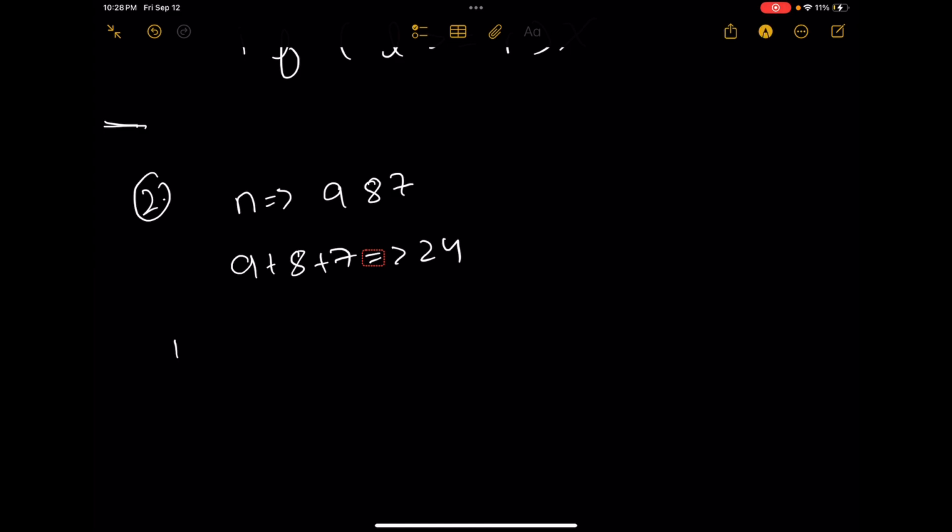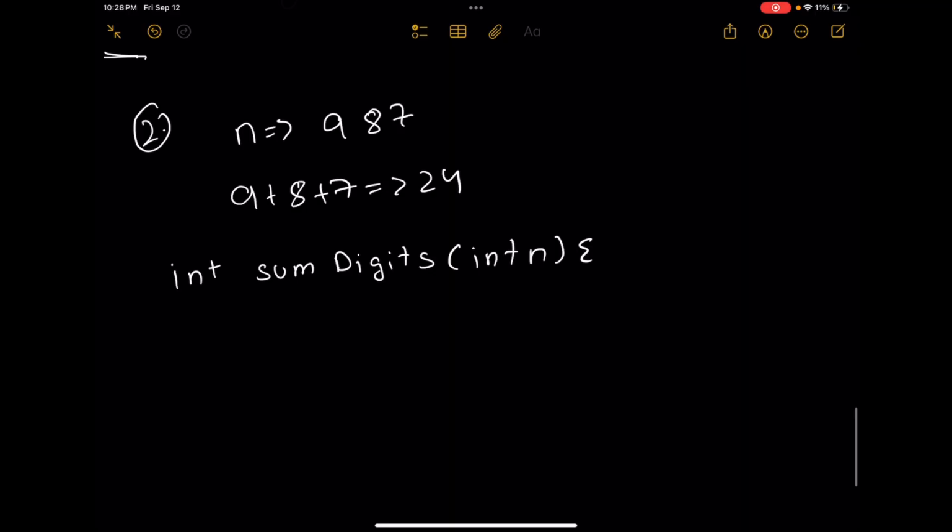So let's write the function int sum digits, and it would take integer n as the function parameter. So it would make sense to think of the base case. My base case should be: if n is already 0, I don't want to do anything, right?